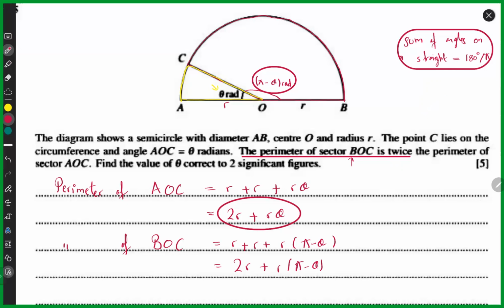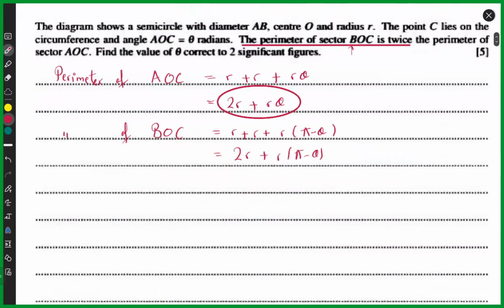Okay, now the helping line. It says the perimeter of the sector BOC is twice the perimeter of the sector AOC. So at this point, I need to make an equation. I'll write it down this way. The perimeter of BOC is equal to 2 times the perimeter of AOC.